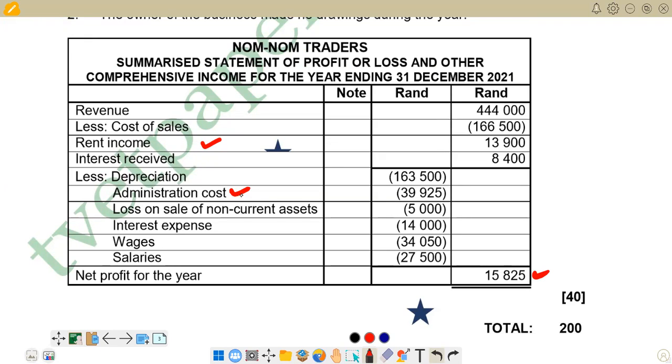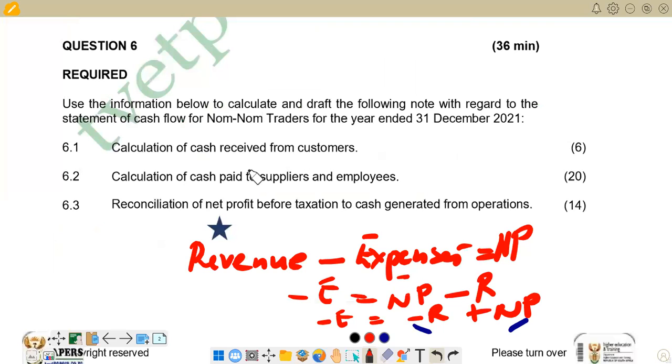We are not adjusting for this because remember, the calculation that we are making is the calculation for cash paid to suppliers and employees. So if you go back to our question here, we are making a calculation of cash paid to suppliers and employees. So that's why we are not adjusting for those administrations.